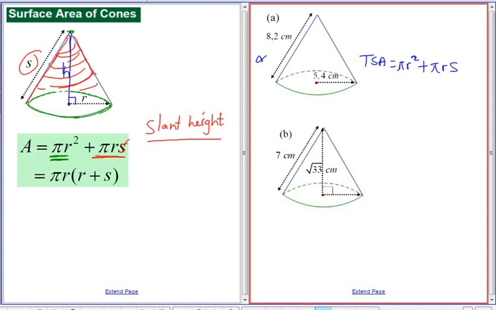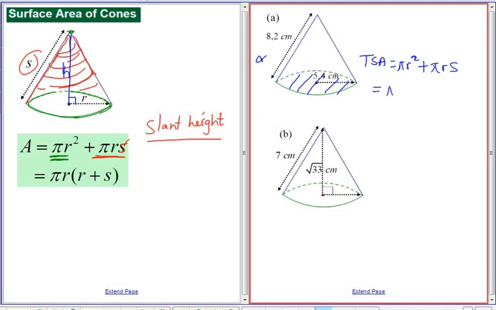You have to know which one is for which, because at times these shapes become hollow. It means that this one won't be there anymore. So if the circle is not there, you have to remove the pi r squared part. It has to go away. But in this situation, let's calculate it as if everything was there.